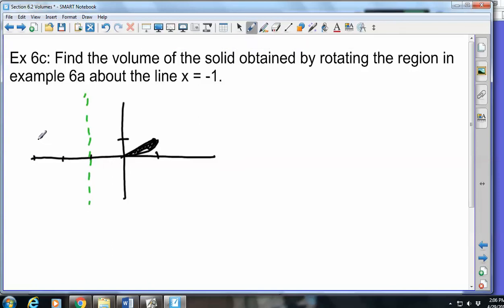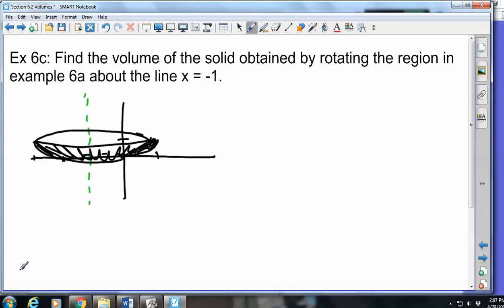So if I rotate this around, we're just getting a fold here as we spin this around. Okay, so it's hollow in the middle, so we know we're going to have to subtract off.